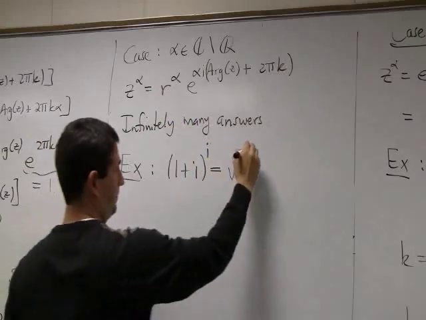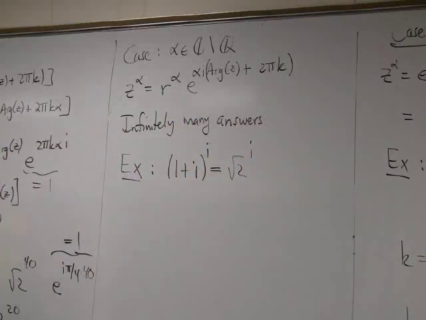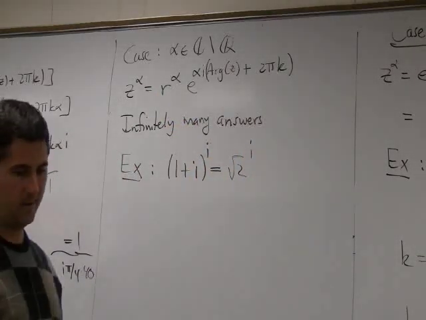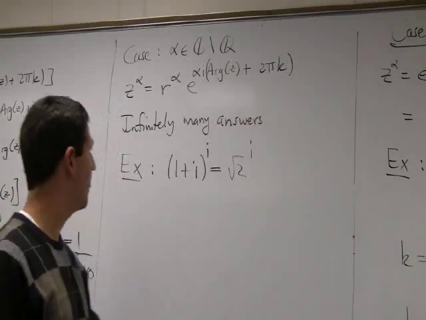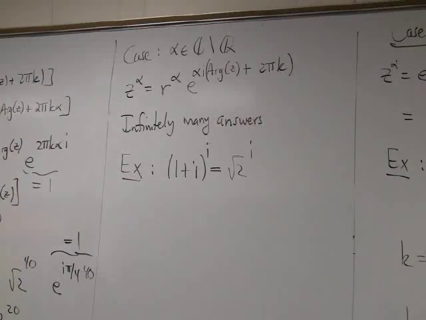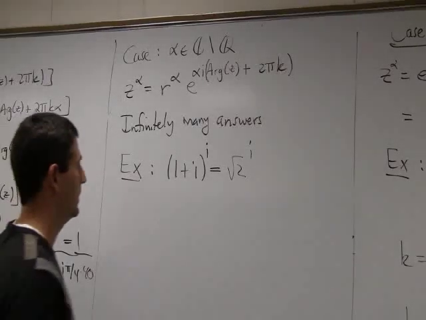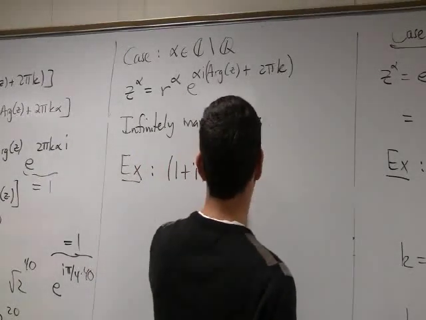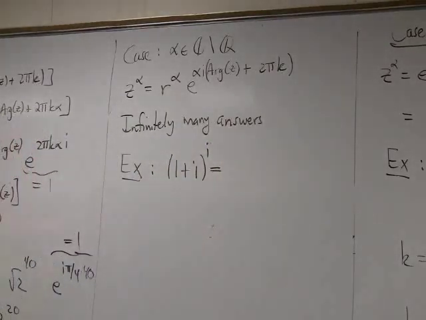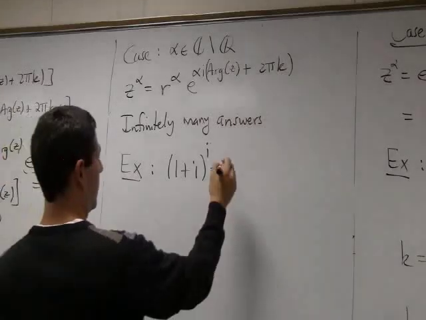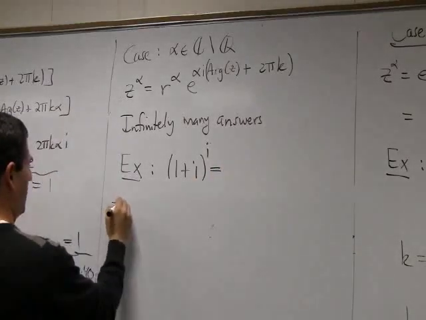Alpha is i, so we need root 2 to the i. But I don't want to actually use this form. I want to do something a little different. I want to go back to this form for a second. When we work it out, you'll see why. I think it'll be a little bit easier. So let's go with this form.